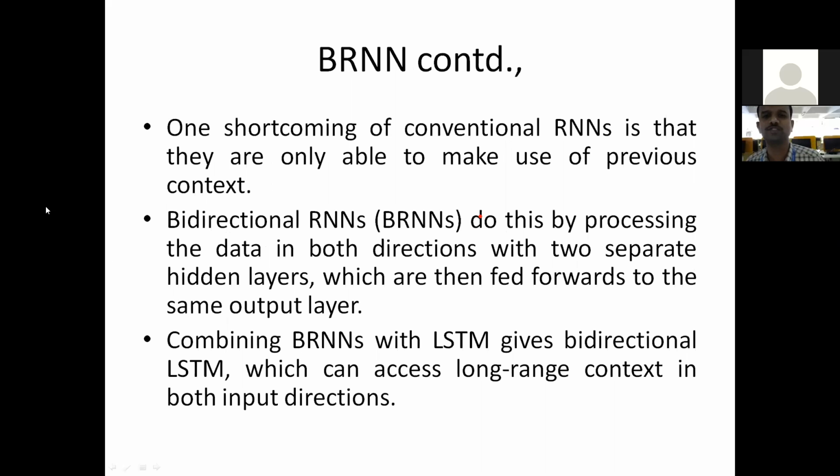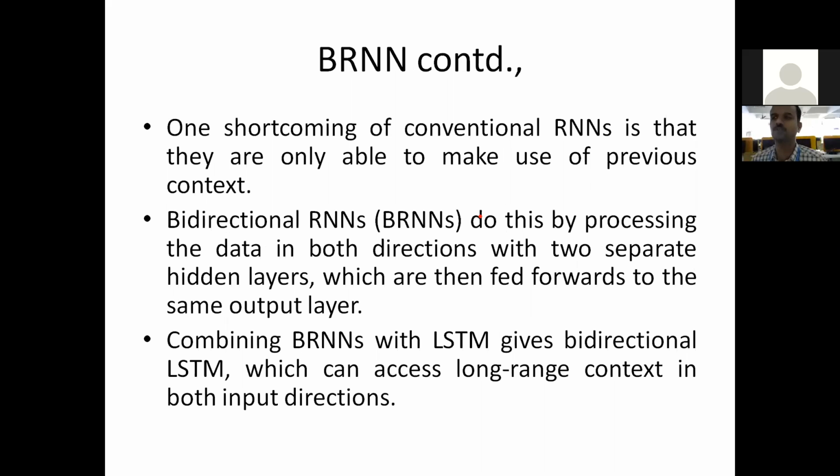But one shortcoming of a conventional RNN is that it is only able to make use of previous context, whereas bidirectional RNNs do this by processing the data in both directions. This is one advantage of using bidirectional RNN. And combining bidirectional RNN with LSTM, what do you call it? Bidirectional LSTM.